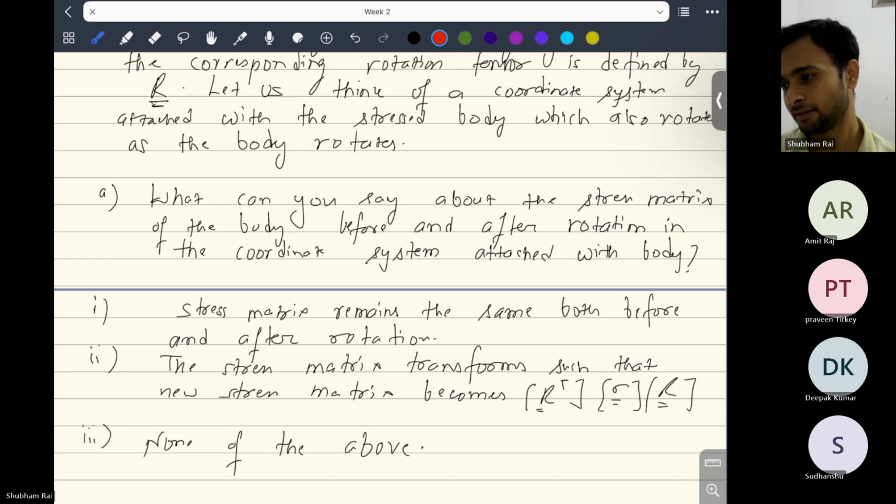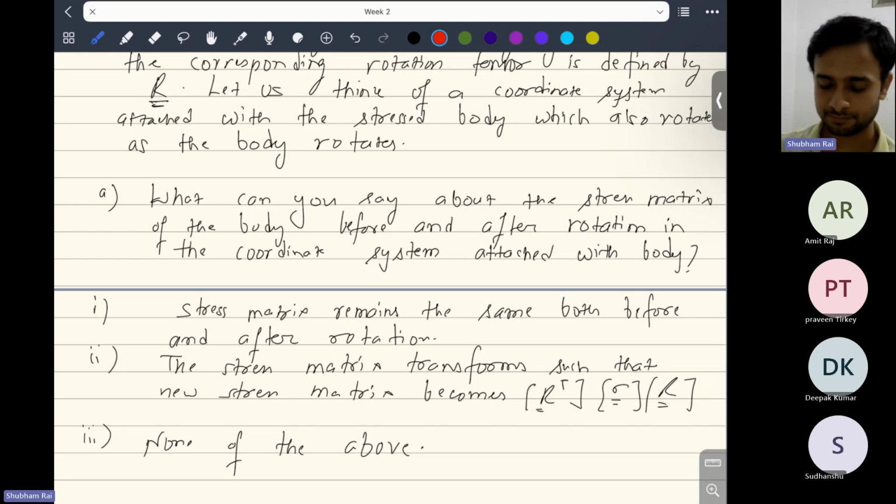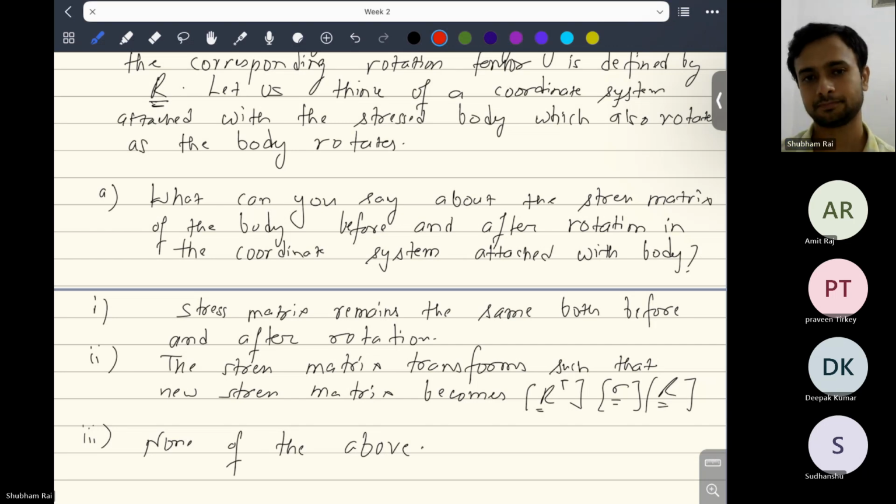I mean, you are talking about stress being symmetric. That's fine. But when you rotate your coordinate system, right? Yes, sir. So the representation of stress in that coordinate system, will it change or not? Not sure, sir. Why?